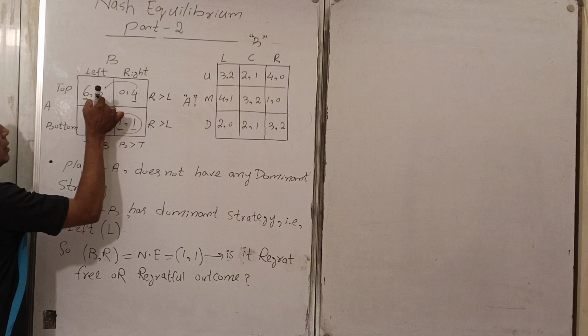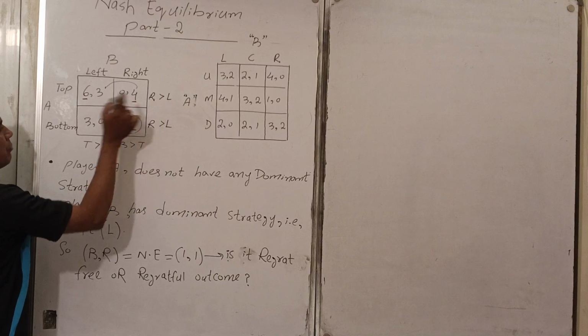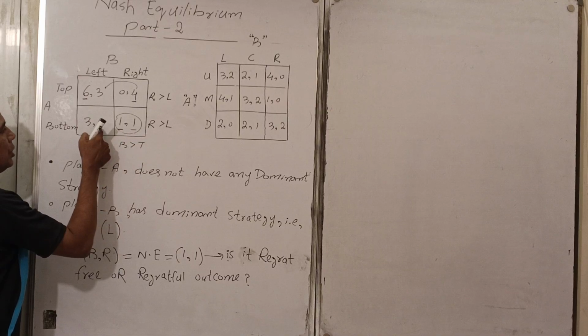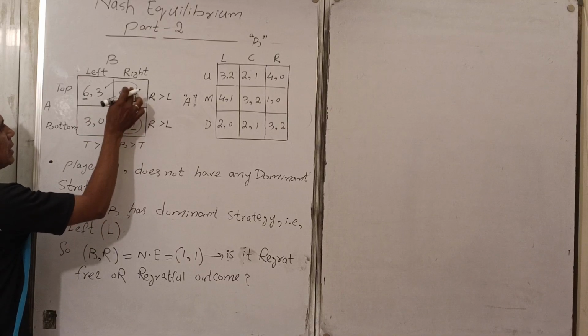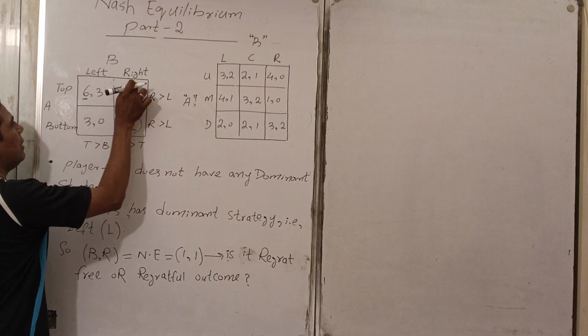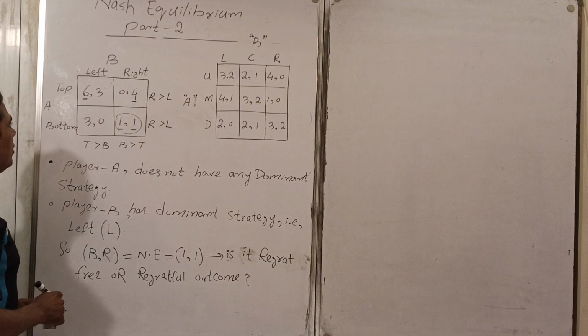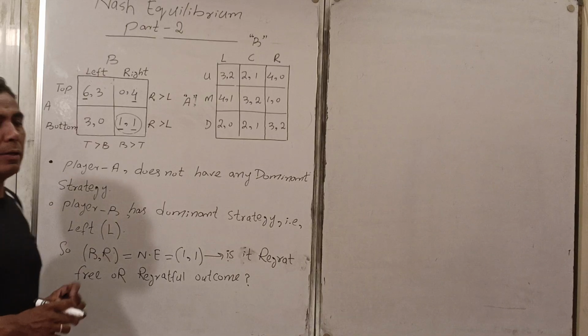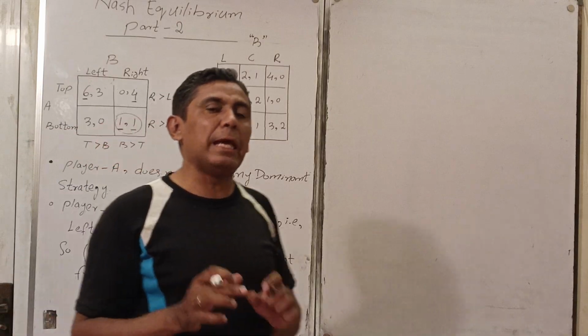Now compare this one. The right is better than left. And similarly, when we compare here, 1 versus 0, the right is better than this one. So ultimately, B always plays right.